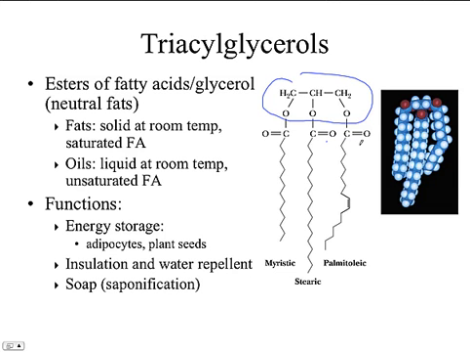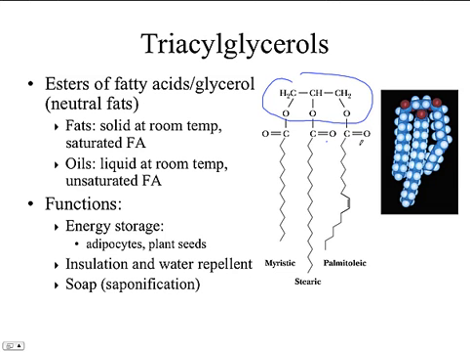The other things that triacylglycerols are used for is that some organisms use them for insulation. Marine mammals that have blubber, all that is simply a big layer of triacylglycerol that helps the animal maintain their body heat, and it can also be used on the surface of animals as a water repellent, because of the hydrophobic nature of the molecule, it tends to repel water.